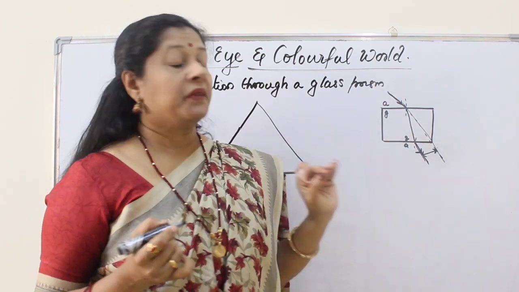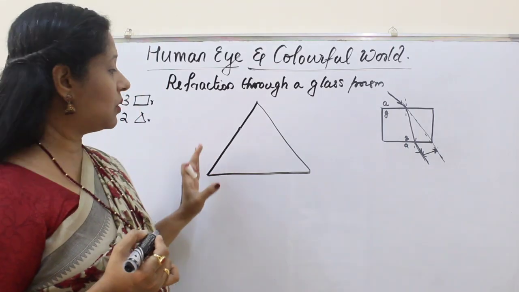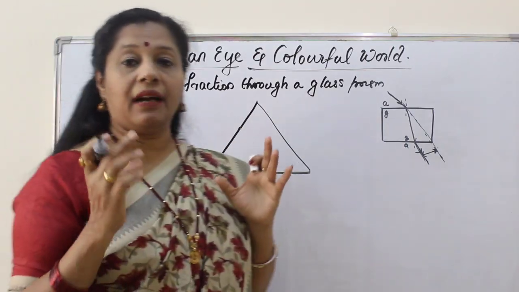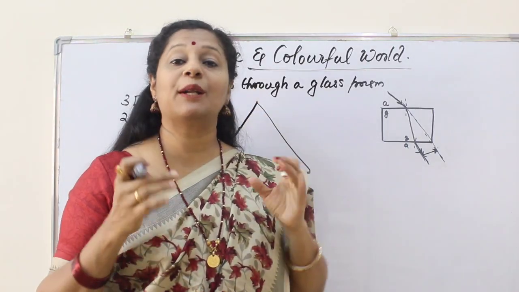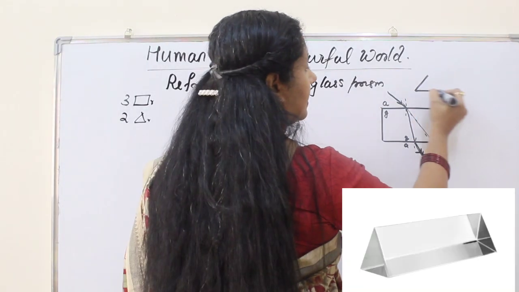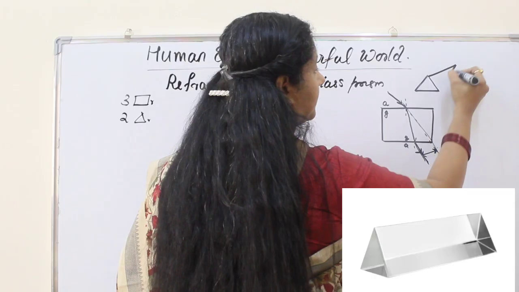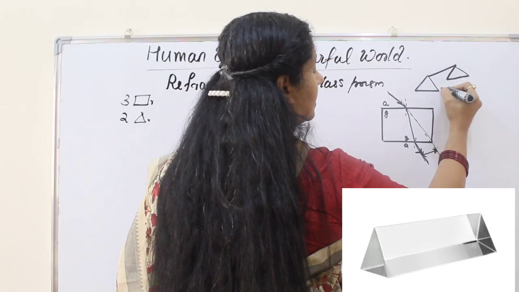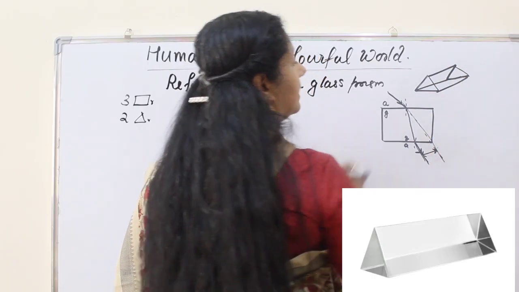Okay. Now coming to the glass prism. Seeing this picture, we may have a notion that it is like a triangular pyramid-like structure, but it's not actually like that. It has two triangles like this.